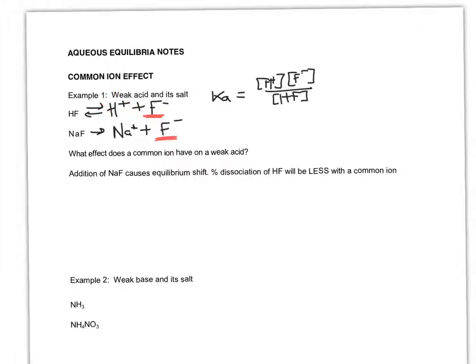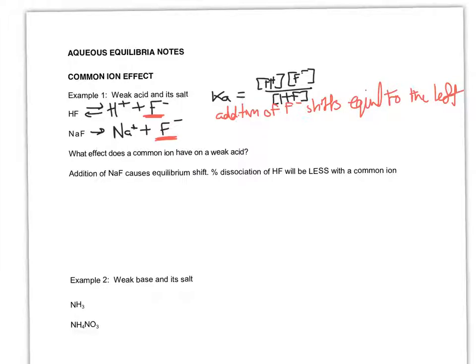So let's write that down. The addition of F- shifts the equilibrium to the left towards the reactant side.